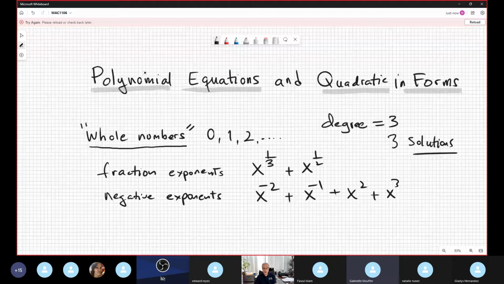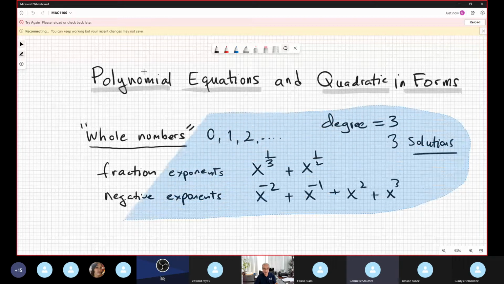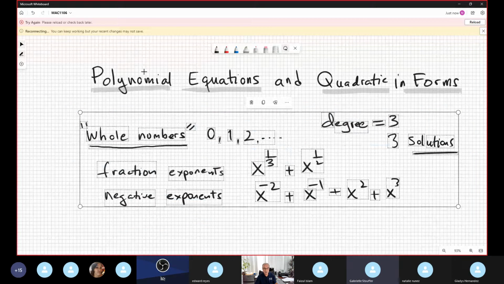If the degree is 4, 4 solutions, and so on. But this always happens only in polynomial equations. An equation that contains a fraction exponent or a negative exponent is non-polynomial, so this idea is totally invalid. By the way, this is the fundamental theorem of algebra.